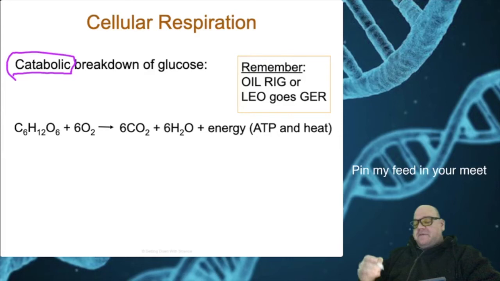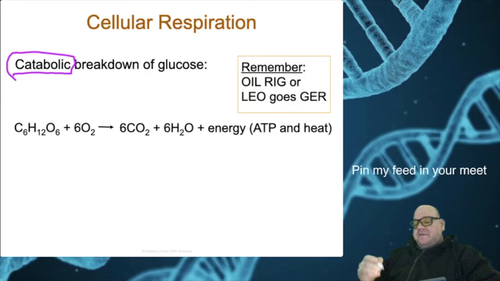Okay, what we're going to do is take our sugar and we're going to oxidize it. This is where a lot of people get confused because they think that oxidizing sugar should give you oxygen. Okay?